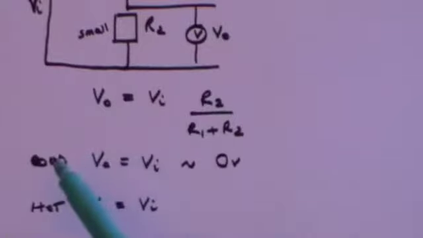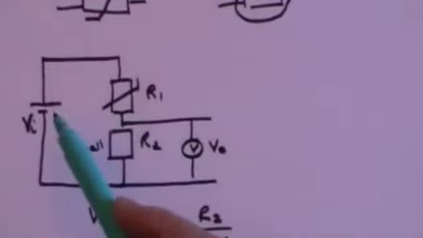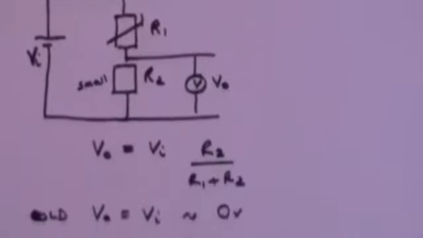So when it's cold, the output voltage is pretty close to 0. When it's hot, the output voltage is pretty close to the input voltage, which, depending on the size of the battery, could be 9 volts if you're using a 9-volt battery.